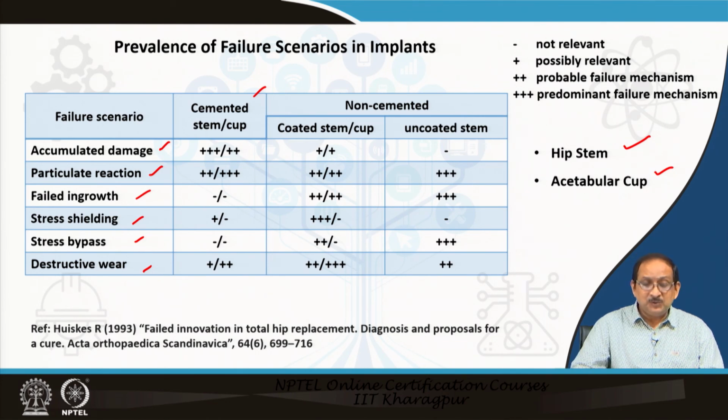It may be observed that most of the failure scenarios are generic ones, potential failure mechanisms for cemented and uncemented implants. Some prevail in cemented hip replacements and some in uncemented hip replacements. Some are seen more often in the femur and some in the acetabulum, as presented by Professor Rik Huiskes in his publication in 1993.